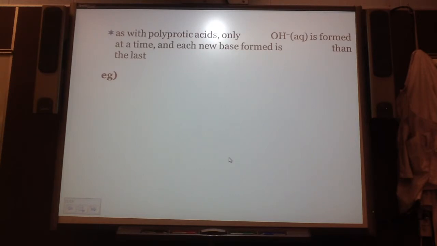Now, as with polyprotic acids, only one hydroxide ion is formed at a time, and each new base is weaker than the last. So, if you took your carbonate ion, like from your dissociated original ionic compound, you react it with water.